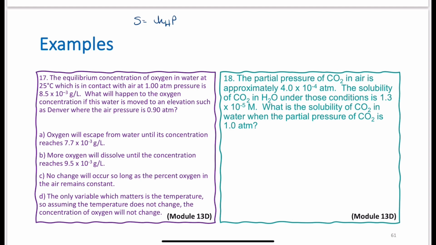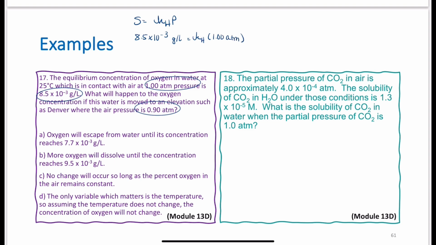We are told that 1 atmosphere of pressure and 8.5 times 10 to the negative third. Under the first set of conditions, my solubility is 8.5 times 10 to the negative third grams per liter. I have no idea what Henry's constant is, but I know that my pressure is 1 atmosphere.